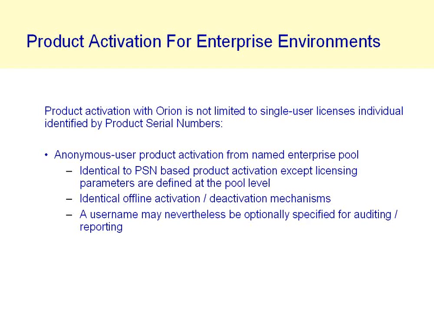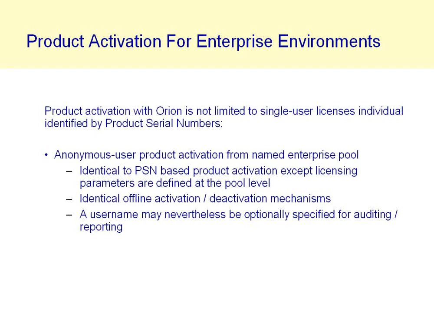So an enterprise customer might buy 15 licenses, and then there's just one product serial number that describes and is associated with that pool. So any authorized user that has that product serial number can activate a license, and Orion is going to enforce that limit of 15 licenses active at any one time. So you don't need to send them 15 different licenses for each individual user.